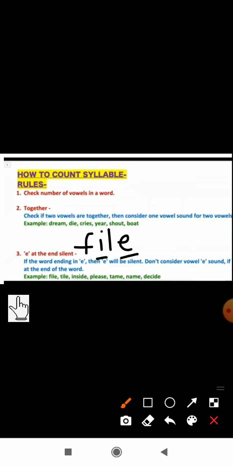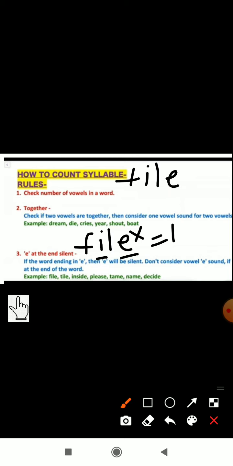No. I is separate here, in the middle one consonant is there. So the second rule is not applicable. Third rule, E at the end? Yes, E is at the end of the word. So E is silent. We are pronouncing file, so E is silent here. So we can't consider E. So how many syllables? Very good. Only one syllable. Yes, monosyllable. Got it?